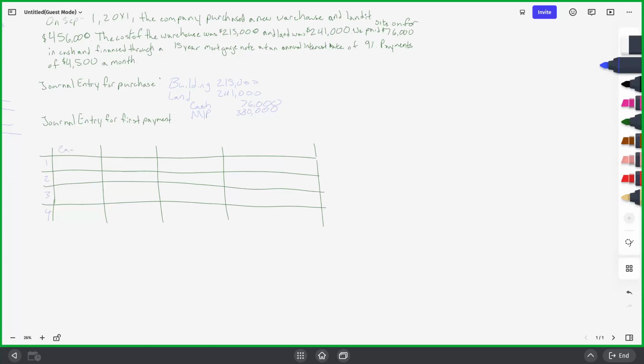So we have a cash payment, interest, principal, and then a carrying value, which starts off at 380,000.